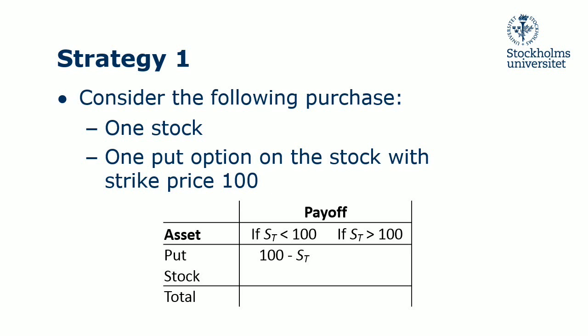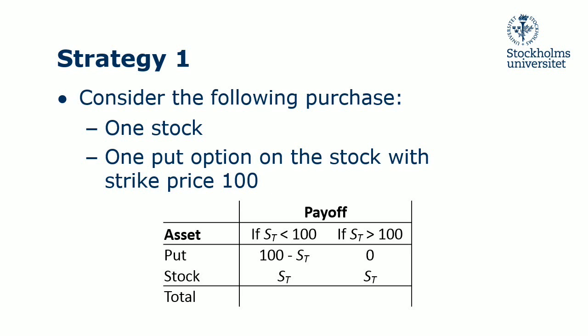Then the payoff at maturity, if the price of the stock is lower than 100 at that point, and since we will exercise that right because we can sell at a higher price than if we go to the market, then the payoff would be 100 minus whatever the price of the stock at maturity is. However, if the stock is higher than the strike price, we know that we won't exercise that right, and then our payoff is going to be 0.